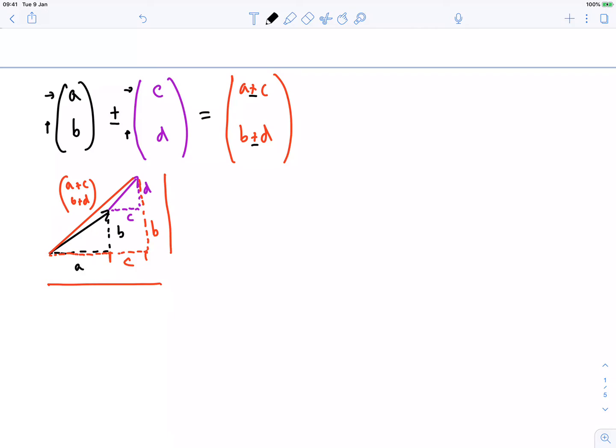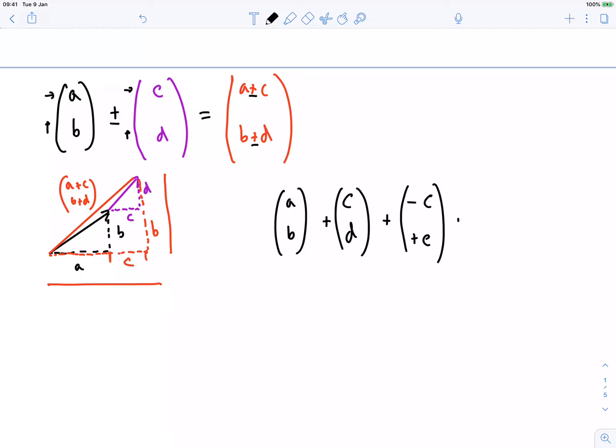Let's suppose I've got A, B, and now let's say I've got plus C, D, and now plus minus C, E, and now plus C, minus E. So what would that give?